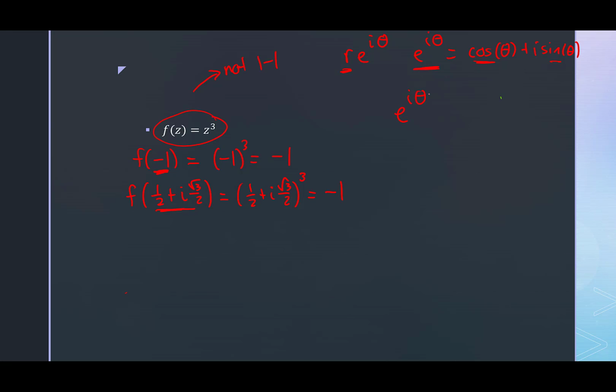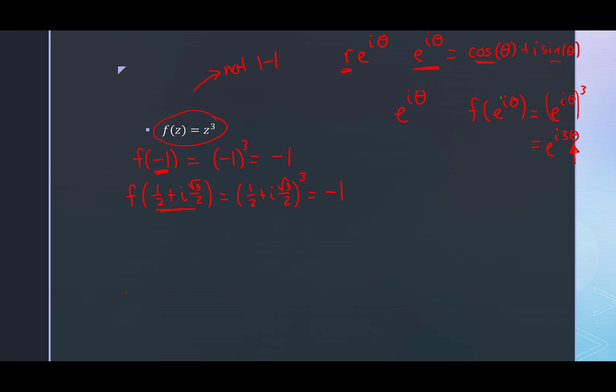Now the next thing I did, well, I thought, if I plug e to the i theta into our function, what are we going to get? We're going to get e to the i theta cubed, which, just using our exponential properties, we know is going to be e to the i 3 theta. And then I thought, well, what are 2 angles I could plug into this so that I would actually end up landing in the same place?